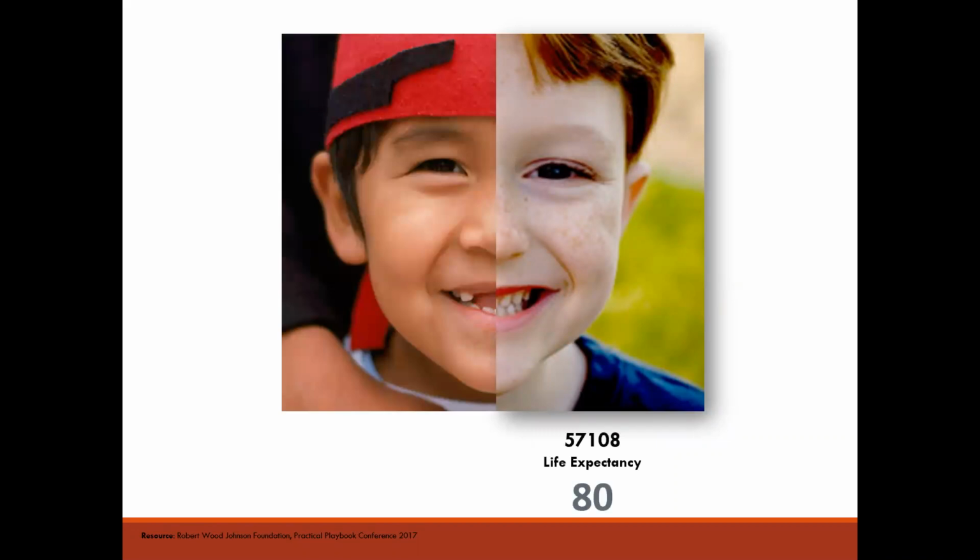This is just important to understand. In South Dakota, zip code 57108 is actually the highest income county in the state. Their life expectancy is 80 years of age. If we compare that to zip code 57623, which is actually one of the reservation communities in South Dakota, you'll see the life expectancy is 76.3.